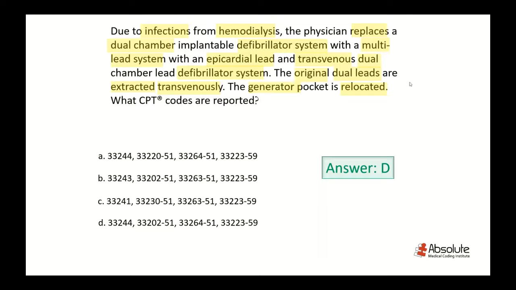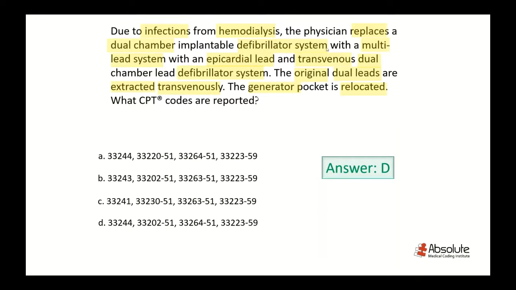Remember, this is a replacement. When you do a replacement, the first thing the surgeon or the doctor would do is to take out the previous leads or the system, and they were extracted transvenously.